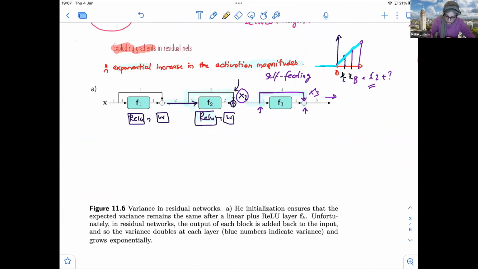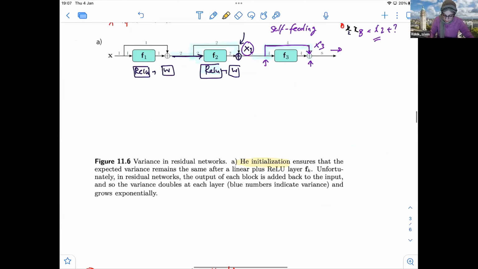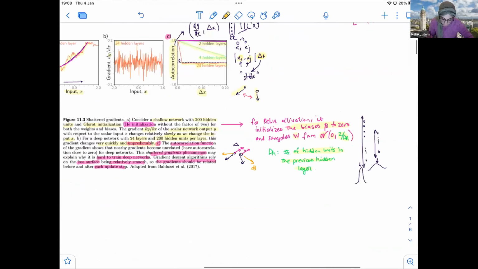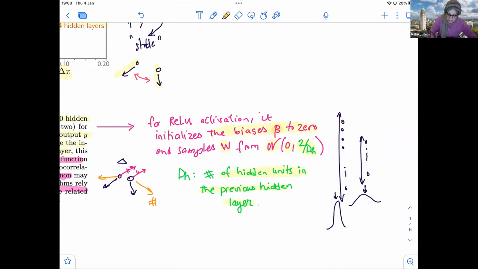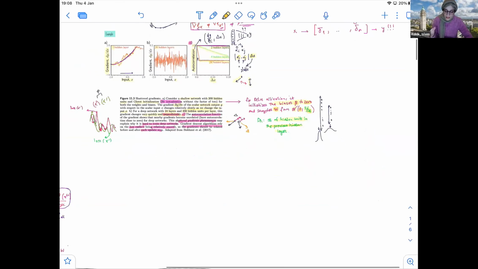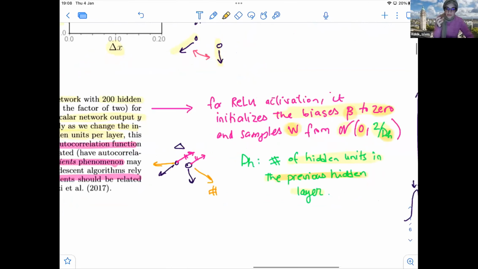First we have what we call the He initialization. I mentioned this last time. If you remember, for ReLU activation, it initializes the biases beta to 0 and samples the weights W at initialization from a normal distribution centered around 0 with standard deviation the square root of 2 divided by DH, where DH is the number of hidden units in the previous hidden layer. This kind of initialization tries to control the variance of the weights.